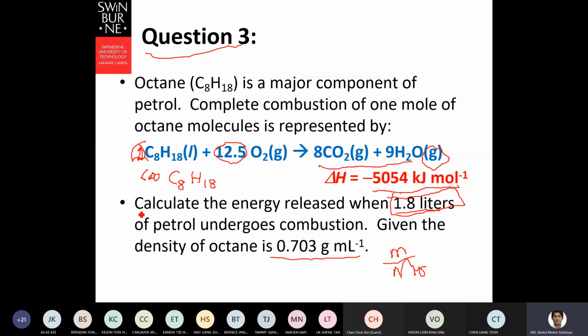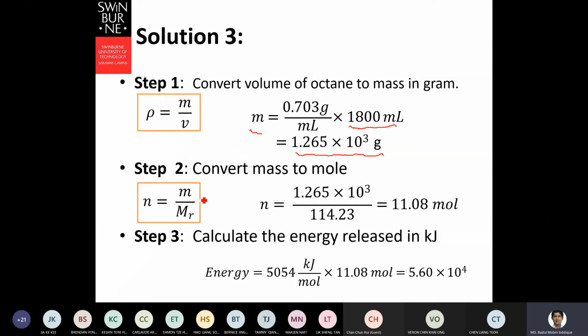So for 8 carbons, we can find the mass is 8 times 12.01, where 1 carbon is 12.01, plus 18 hydrogens is 18 times 1, since the mass of 1 hydrogen is 1. So from there we find that the molar mass of octane is 114.23.